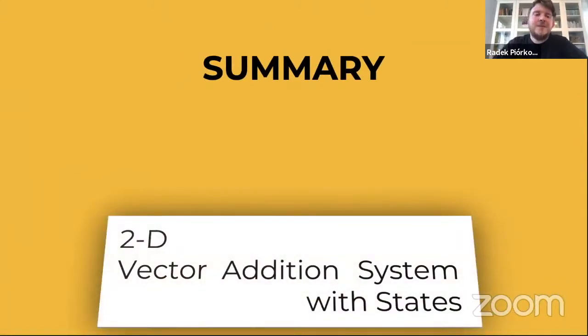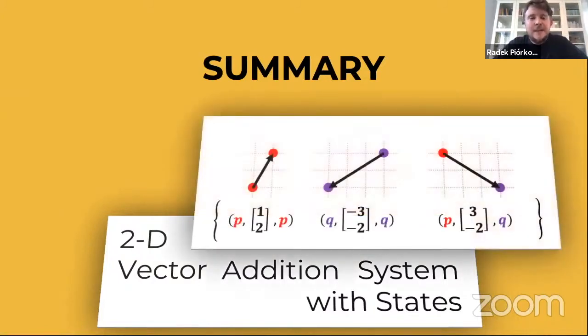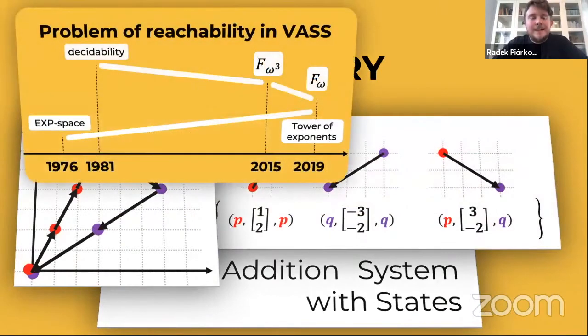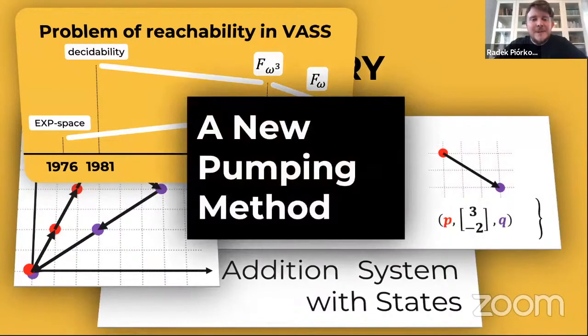This presentation was about 2D vector addition systems with states, which look like this. And problems for VASes are very challenging in general. But we attacked something simpler for now, with a long-term goal of understanding VASes better to attack the more interesting problem in the future.